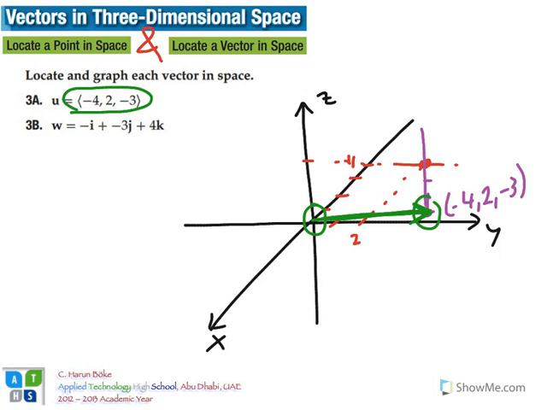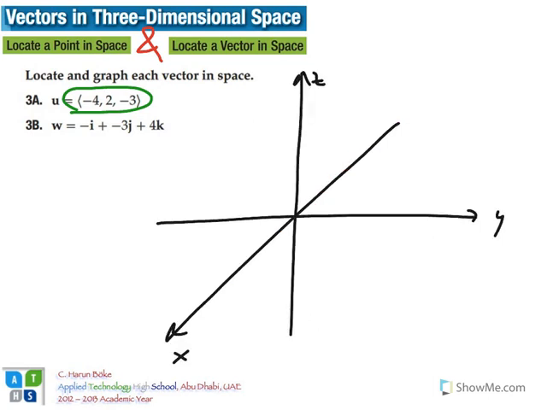Let's try the second one. Now first we have to write the component form, which is minus 1, minus 3, and 4. Now let's plot our point in the two-dimensional plane. So it's minus 1 for x, minus 3 for y, so minus 1, minus 2, minus 3.